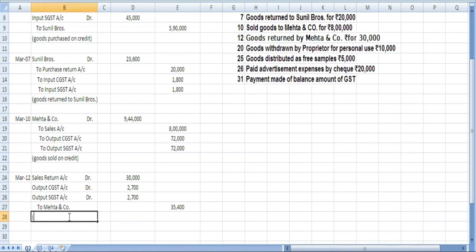We'll write a short narration: goods returned by Mehta and company.